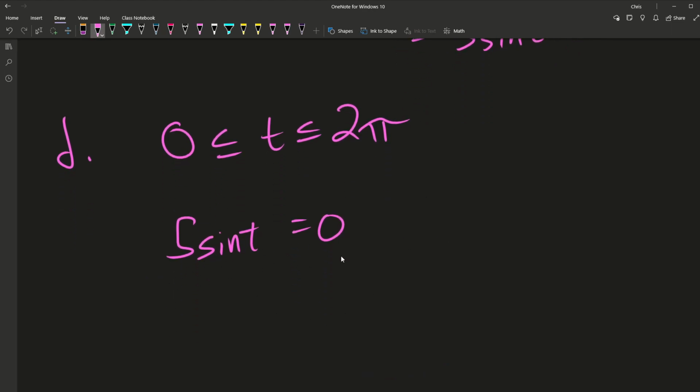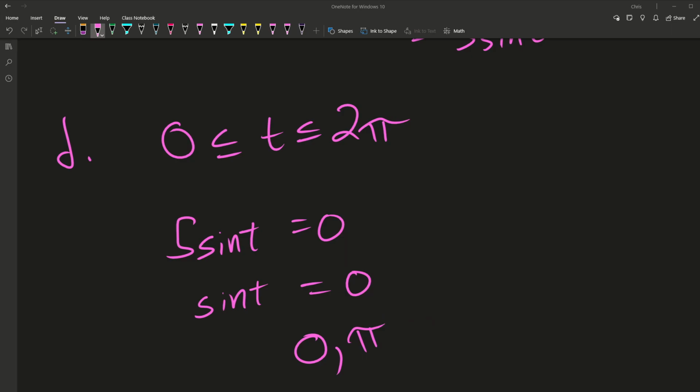I can divide both sides by 5, and I get that sine of t is equal to 0, because 0 divided by 5 is still 0. And the places where the sine function is equal to 0 on this interval are going to be at 0 and pi.